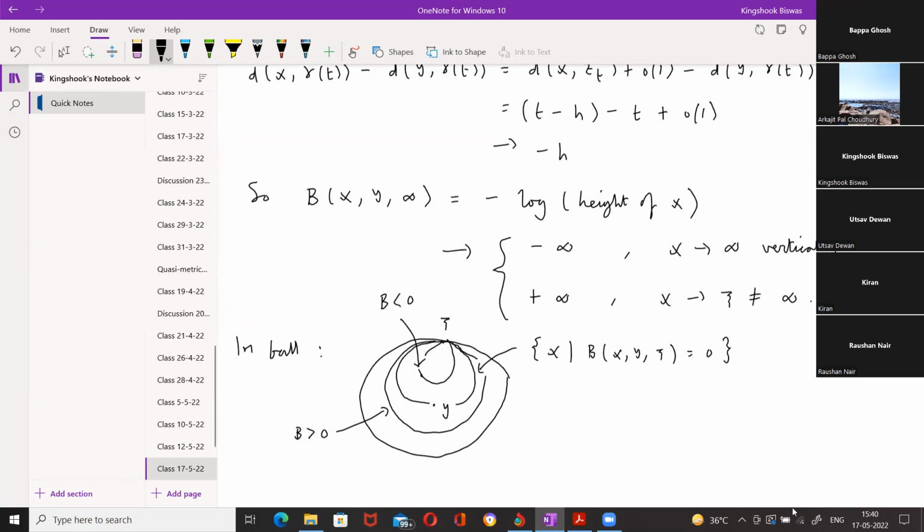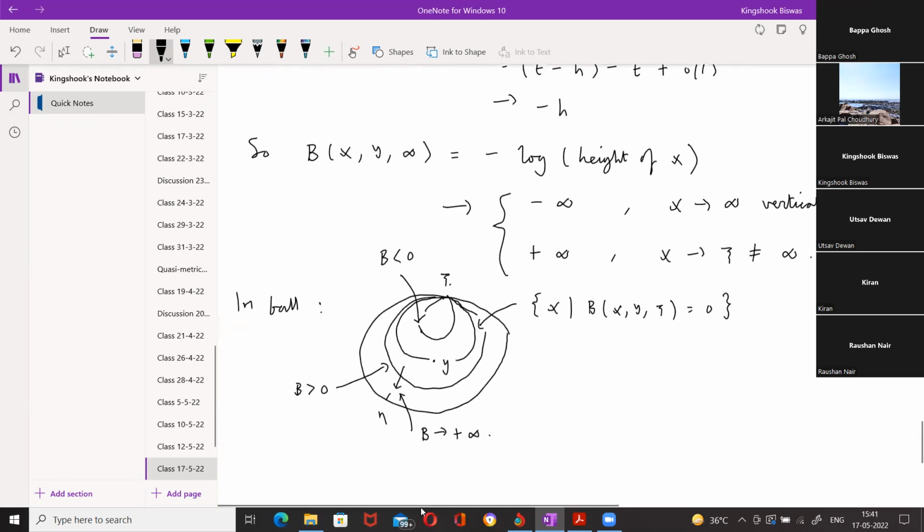As I'm converging to any boundary point which is not equal to this xi, if I converge to any eta here, the Busemann function will go to plus infinity. Is this clear? Any questions?